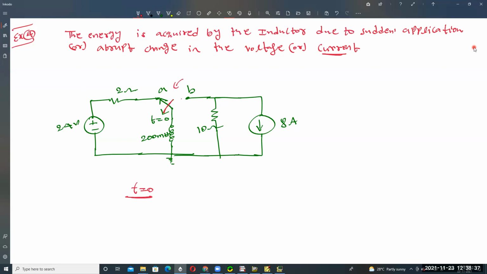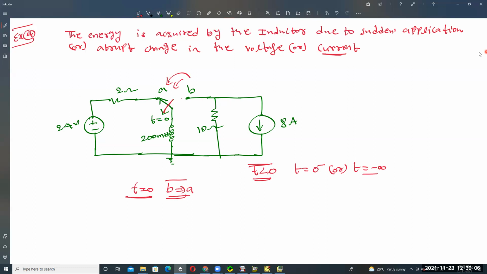So in this direction, B to A. That means for t less than 0, the switch is at position B only. That means t equal to 0 minus, or t equal to minus infinity condition. This is the position of the switch.